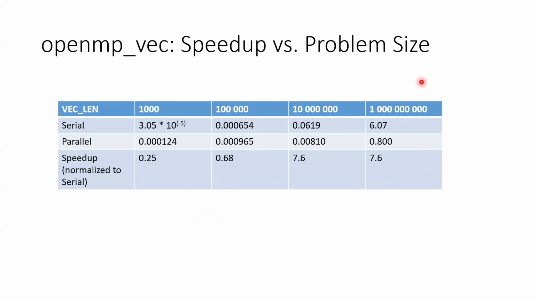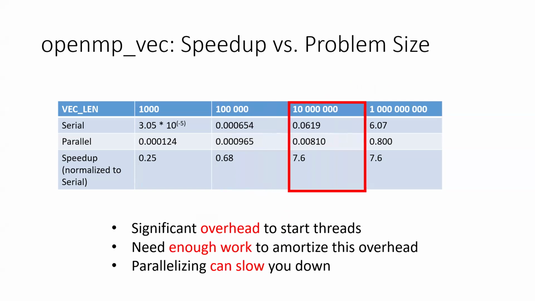And for larger problem sizes, we can speed up by 7.6x. And that will get closer and closer to 8. That's because we have significant overhead to start the threads. So we need enough work to amortize this overhead. Do not parallelize if your problem size is small, because parallelization can slow you down.